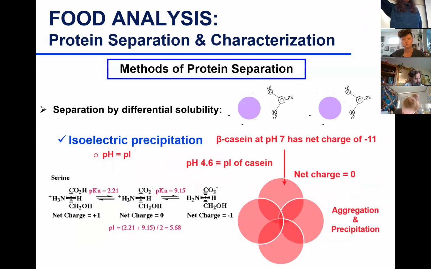All right, proteins differ in their isoelectric point. If you want to separate casein from whey protein, you reduce the pH to 4.6. You get the curd and you get the whey, right? So you can separate whey protein from casein protein by precipitating at the isoelectric point of casein, which is 4.6, which means the protein at this pH has zero net charge.